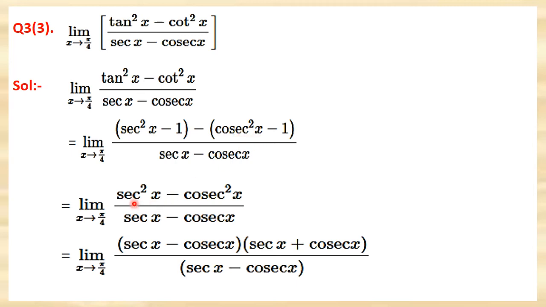So it is of the form a square minus b square. So we can write it as a minus b into a plus b form, and the denominator as it is. So limit x tends to pi upon 4, sec x minus cosec x into sec x plus cosec x upon sec x minus cosec x.